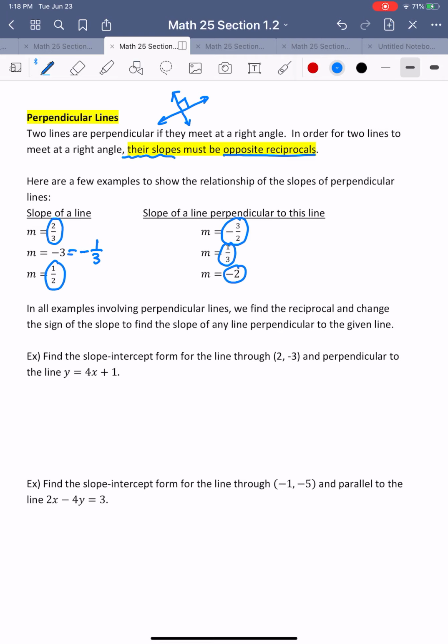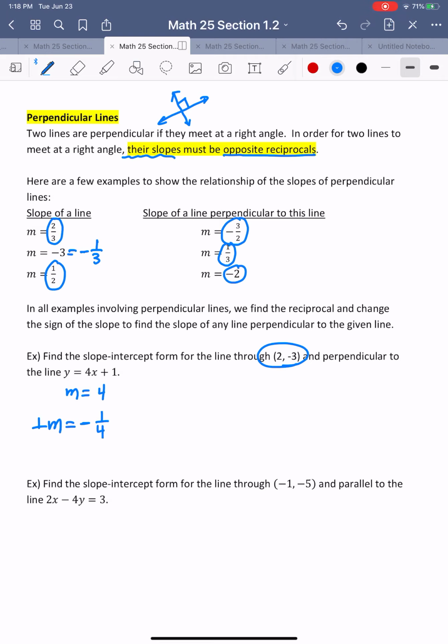For example, find the equation in slope-intercept form for the line through (2, -3) and perpendicular to the line y equals 4x plus 1. So this is what we're going to use, but we're going to find the slope from here, which is 4, but we need to find the negative reciprocal. So the slope that is perpendicular to this one is going to be negative, and then flip the number 4 as 1/4.